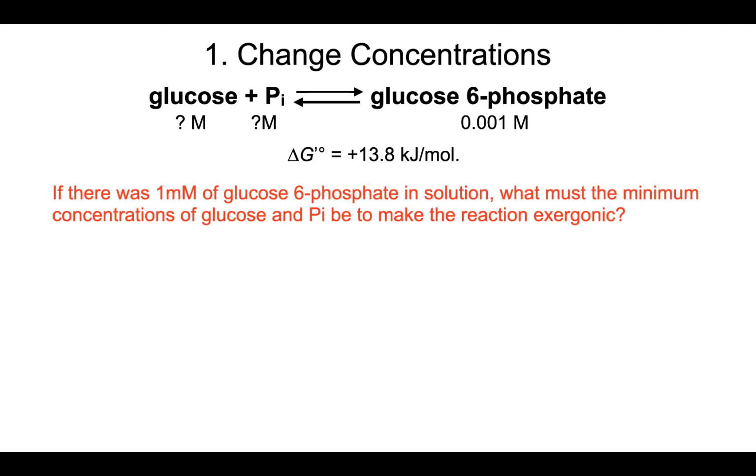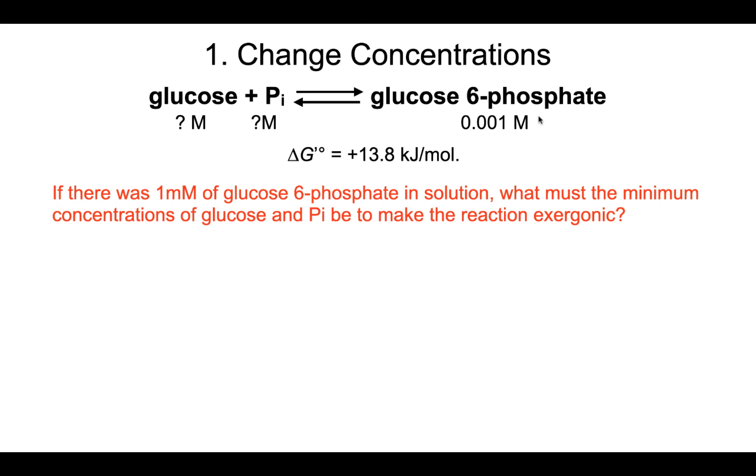So let's try a sample problem here. We've got this reaction, which is the production of glucose 6-phosphate from inorganic phosphate and glucose. What we're asking is, if we assume that the current concentration of glucose 6-phosphate is 0.001 molar, what are the minimum concentrations of glucose and inorganic phosphate necessary to get this reaction to go in the forward direction, to be exergonic?